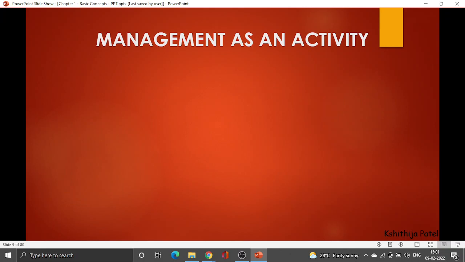Now we can see management as an activity. What is an activity? Activity is something we do. So management as an activity, what can we tell about it? Without any doubt, it is a kind of activity. But this activity belongs to a separate class which is performed by managers.